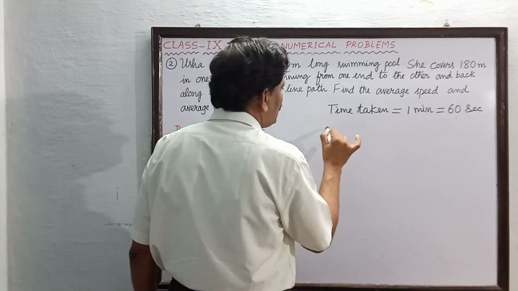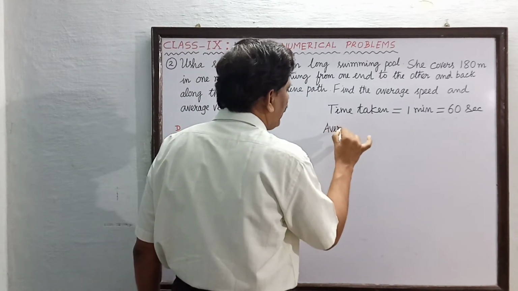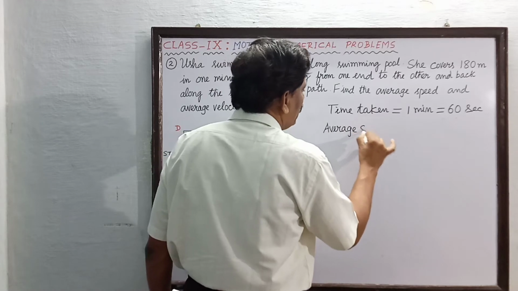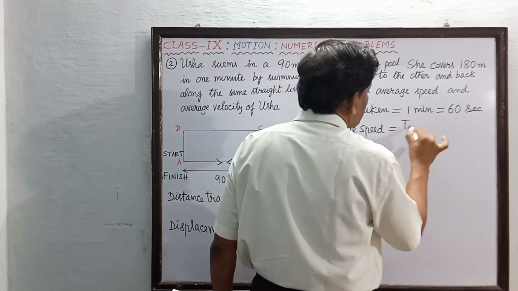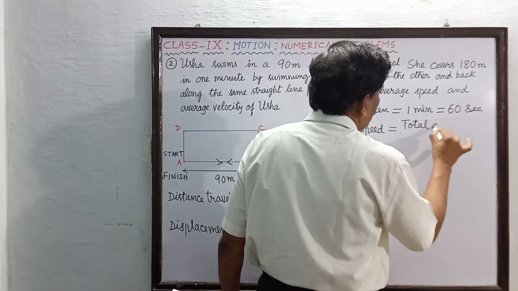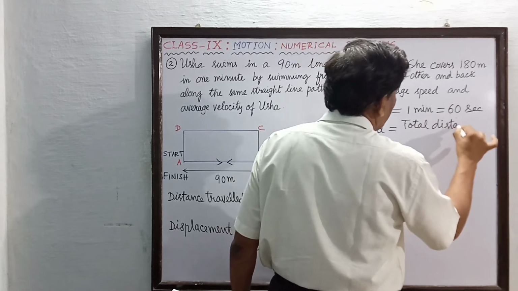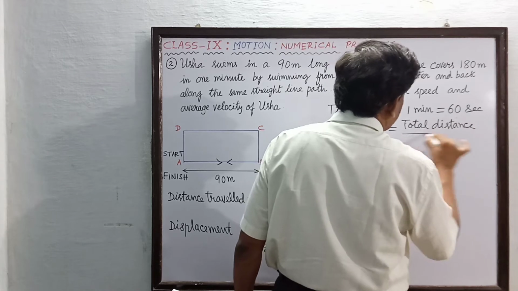So average speed I will find out first. Average speed is equal to total distance traveled divided by the total time taken.